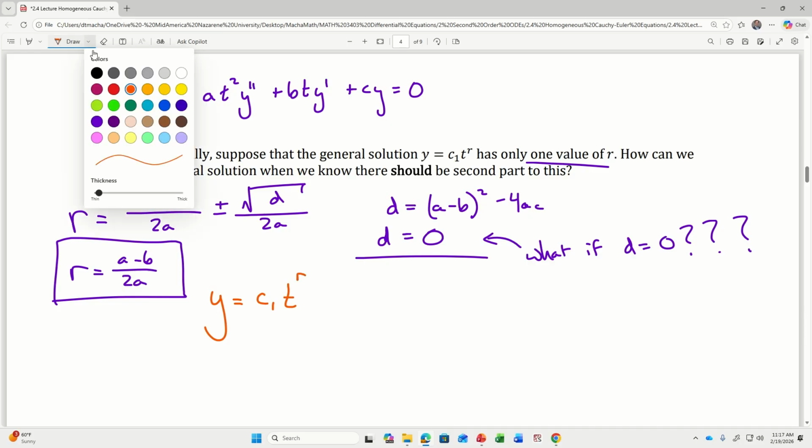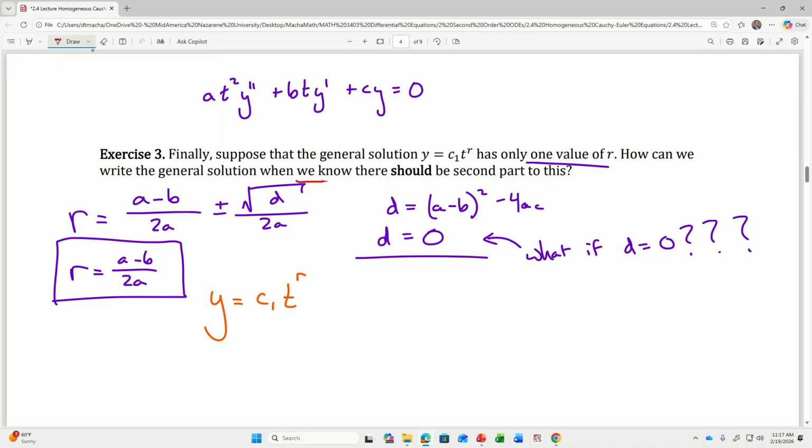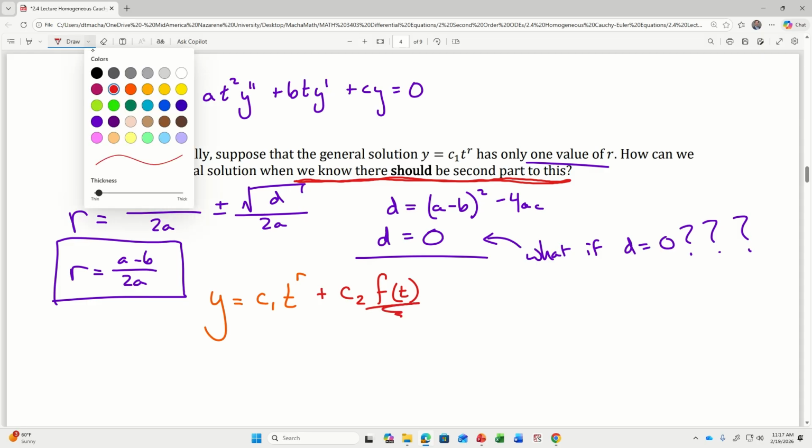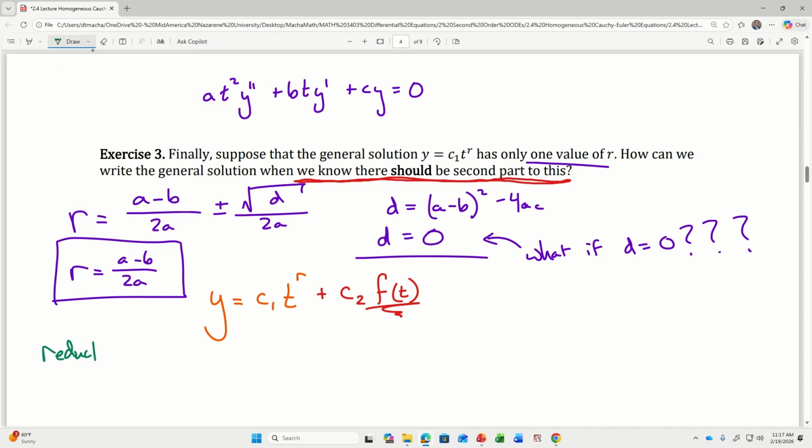Then my general solution would become something like y equals a constant, c1, times t to the power r. But we know, since this is a second order ODE, that there should be another arbitrary constant times some other function right here, right? So how do we find the other part? The process is called reduction of order.